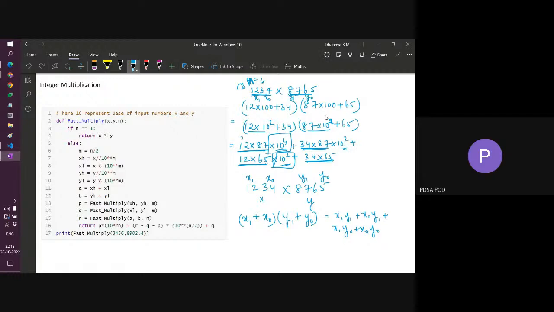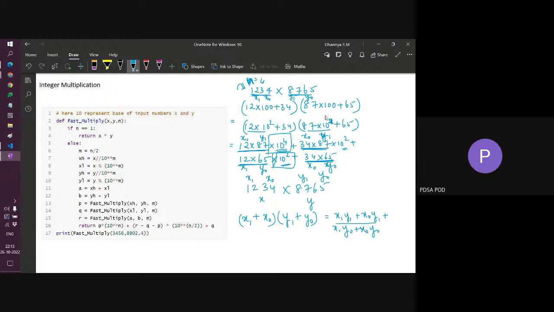This is my x1 y1, x0 y1, x1 y0, x0 y0. So I'm actually multiplying x1 y1 into 10 power 4 plus x0 y1 into 10 squared plus x1 y0 into 10 squared plus x0 y0.